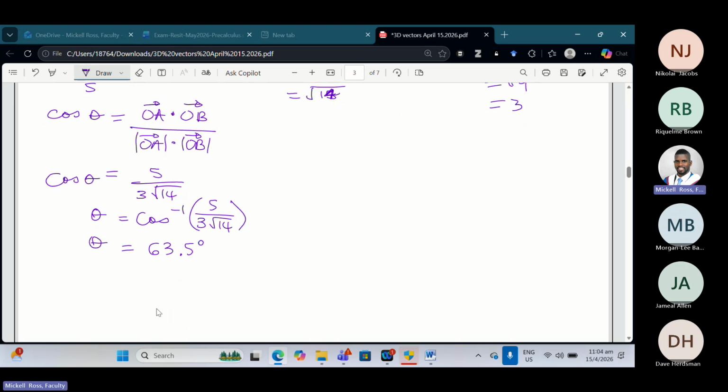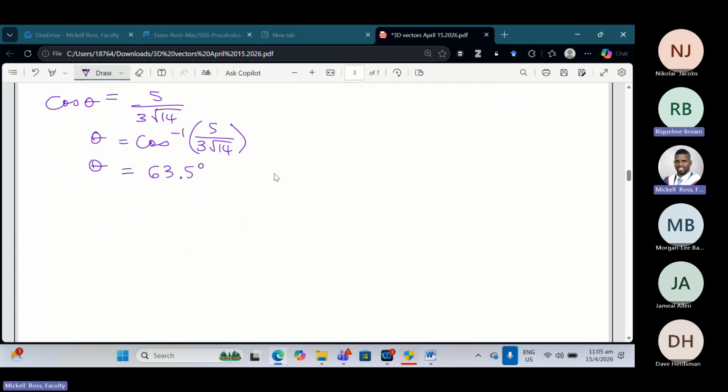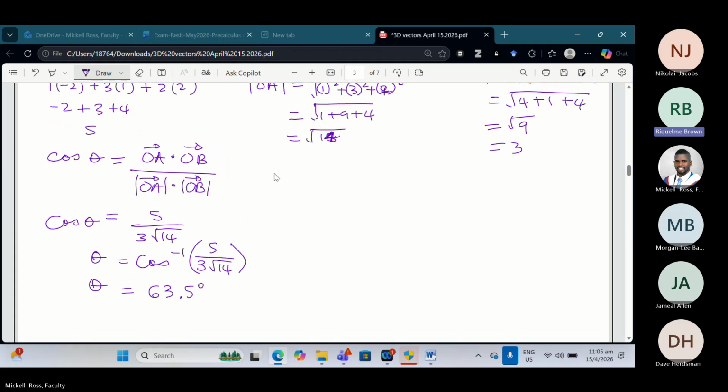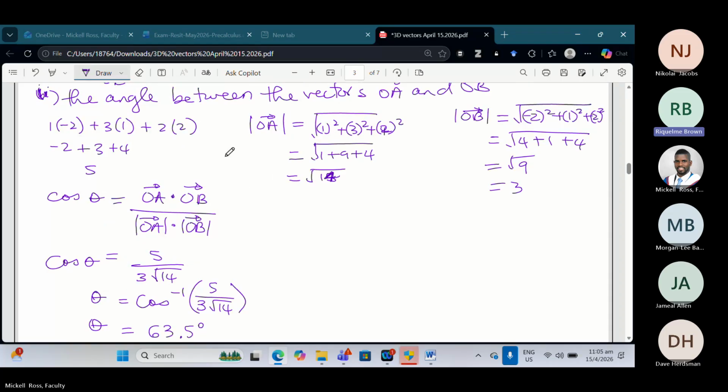Did you guys get that? Sir, why did you do the square root for 9 but not 14? Because the square root of 9 is a perfect square. When you find the square root of 9, you get 3, but 14 is not a perfect square number.